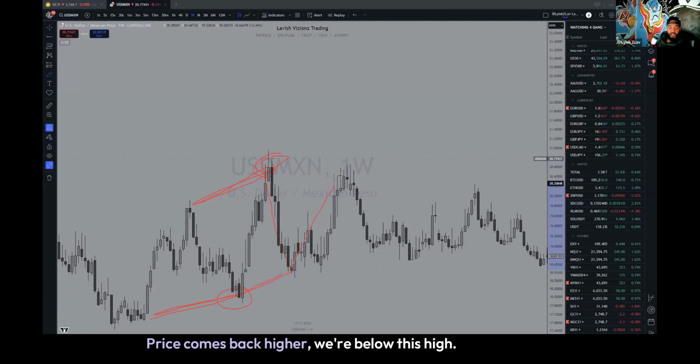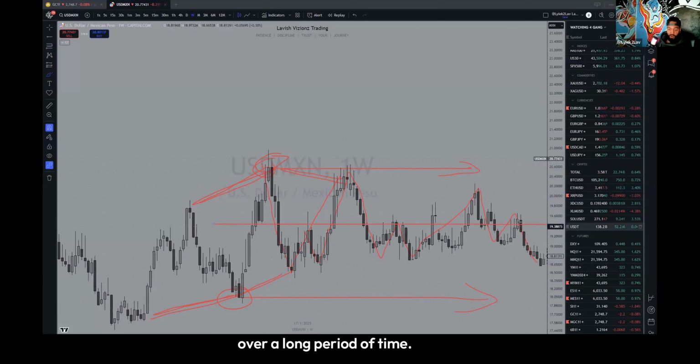Price comes back higher, we're below this high. So we didn't make a new low, we didn't make a new high. If I extend a line from that top to that bottom, we can see price action traded back and forth, but we stayed inside of that current range that we were in. And overall, that's telling us price is moving sideways over a long period of time.